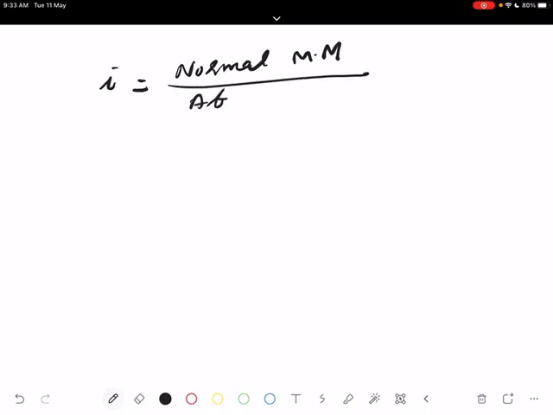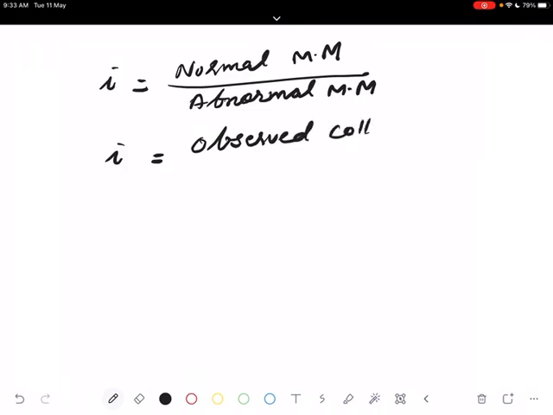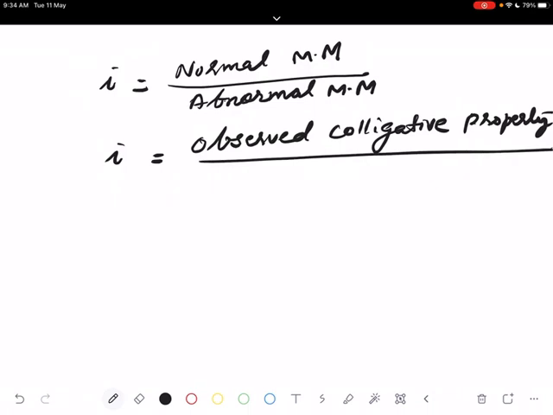So I value: yesterday we saw I is equal to normal molar mass divided by abnormal molar mass. In this way you can calculate, or the same I is equal to observed colligative property divided by calculated colligative property.